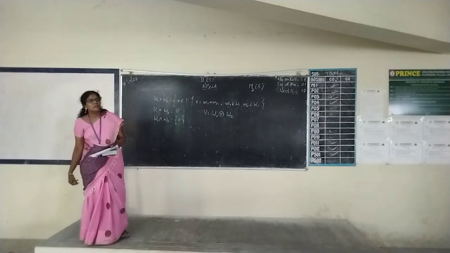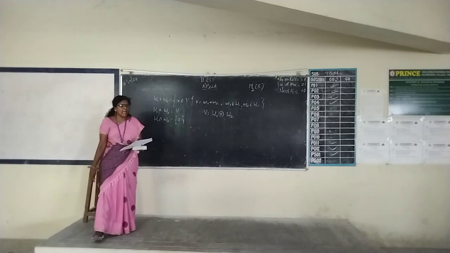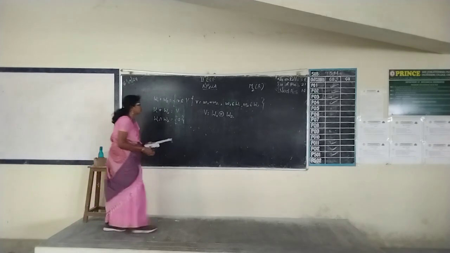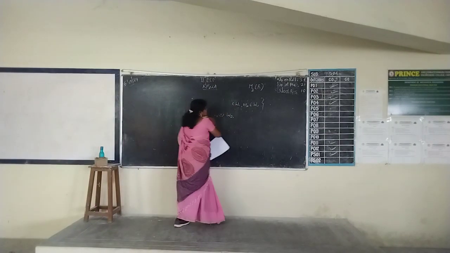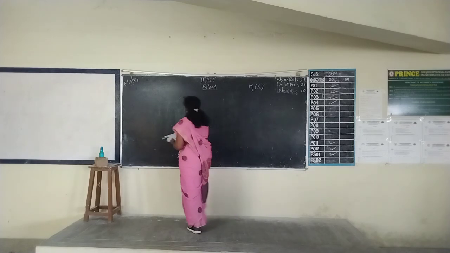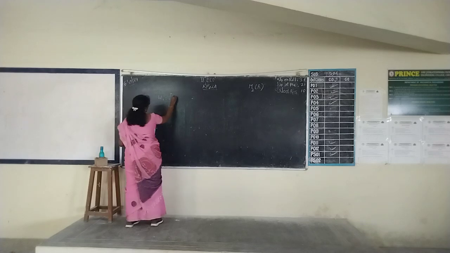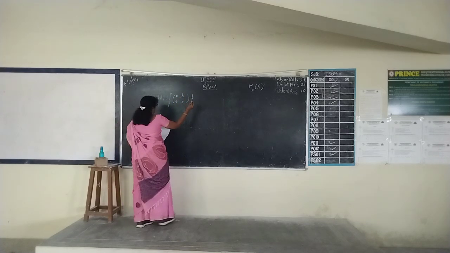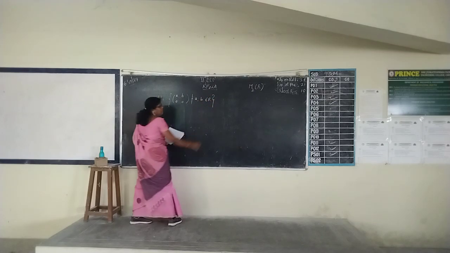Show that M2 of R is a direct sum of W1 and W2, where W1 is defined as the matrices of the form [a b; 0 0] such that a, b belong to R. This is how you define W1.